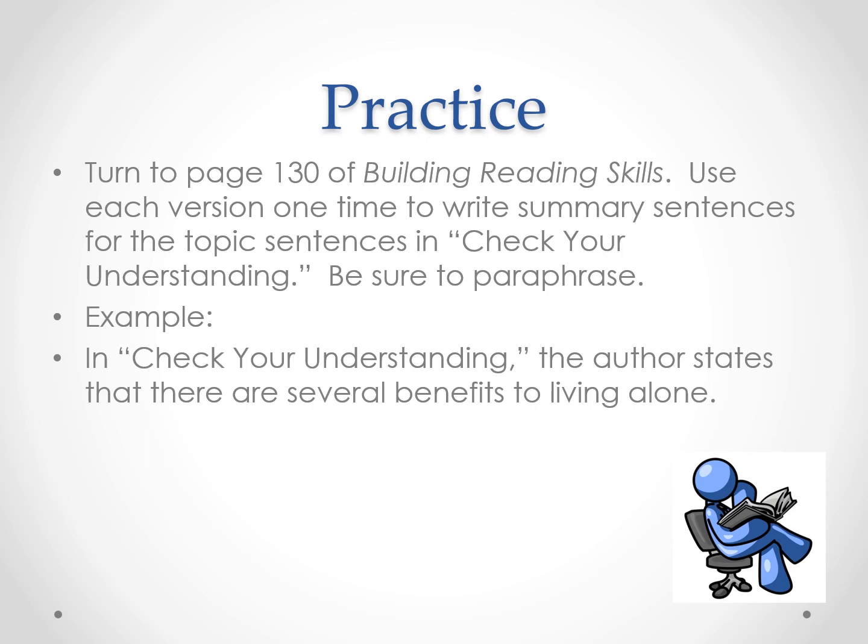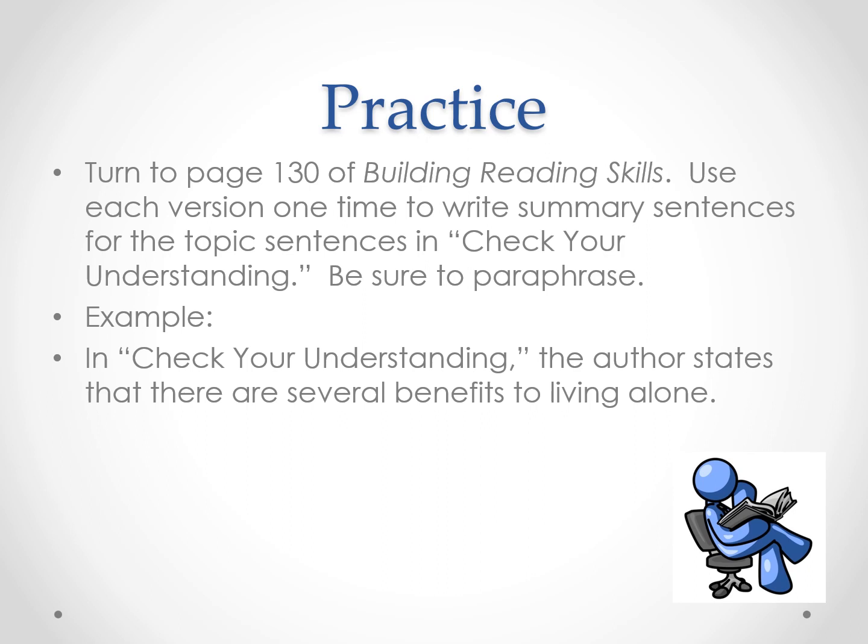So if you have your book open on page 130, if you look at number 1, you'll see that the topic sentence is "Living alone has a number of advantages," right? So we're going to use as the title of the article, "Check Your Understanding," and then we're going to put a comma after that. So this is version 1. Now we don't have the author's name, so notice that when we don't have the author's name, we just use the words "the author" in the place that the author's name goes.